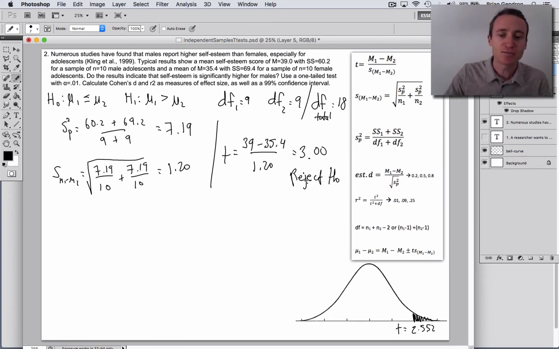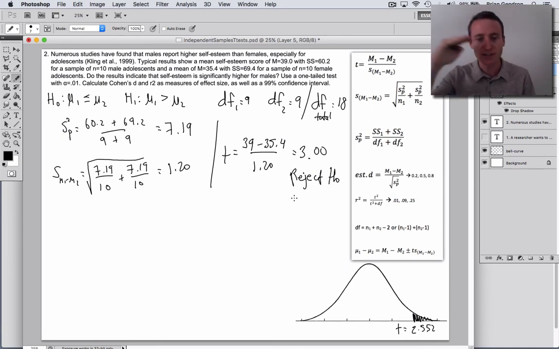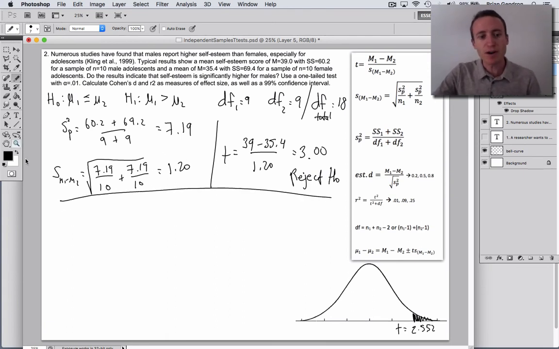All right, so that just means that there is a statistically significant higher amount that males reported compared to females. Okay, so let's move forward and calculate effect size.